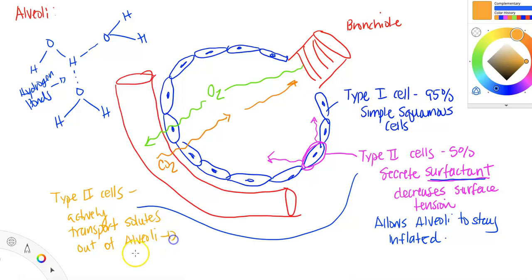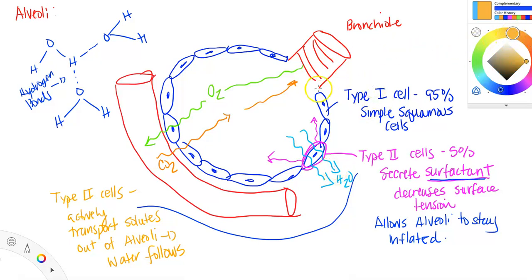When this happens, water follows. So water is coming out as the type 2 cell is pumping out solutes, and it's following that.